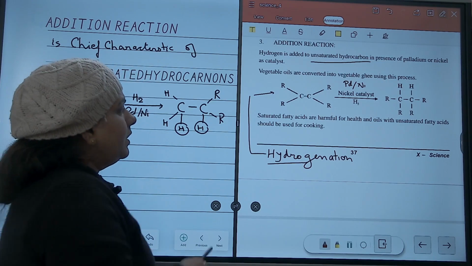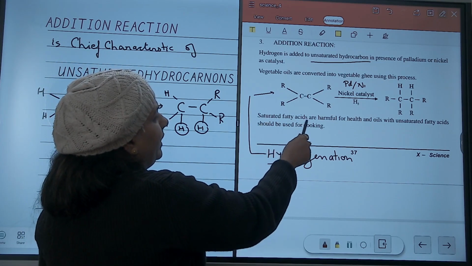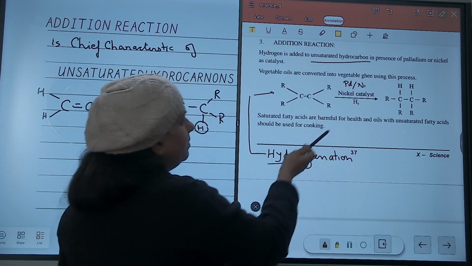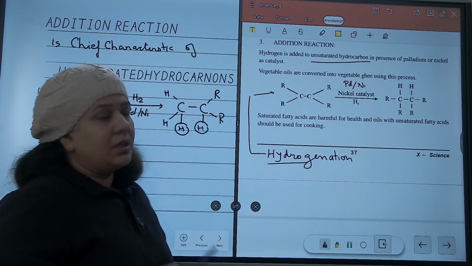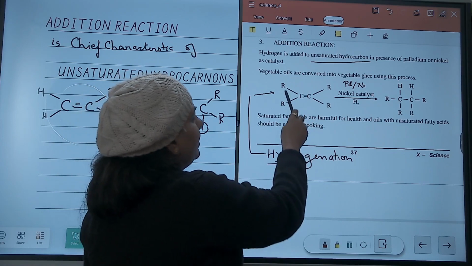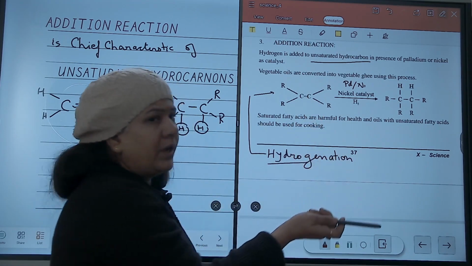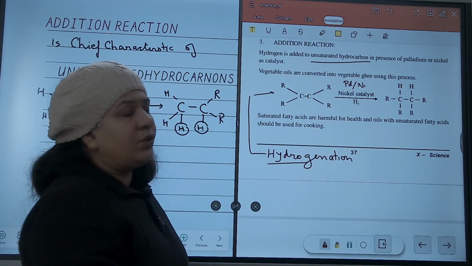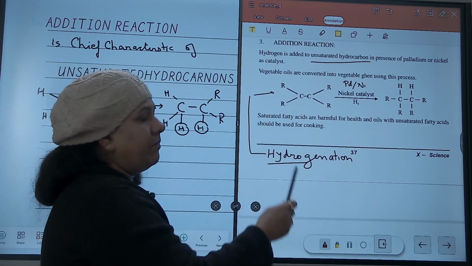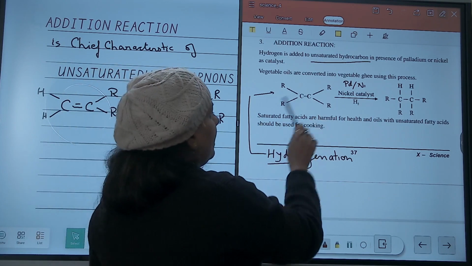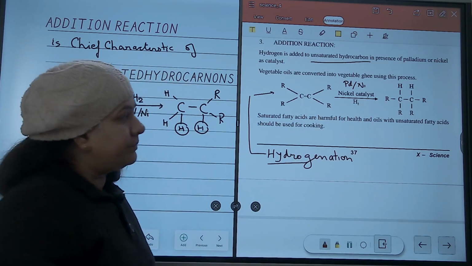The reason being, saturated fatty acids are basically those that contain single bonds, and oils are generally unsaturated, that is, they have double bonds or triple bonds between the carbon-carbon chain.